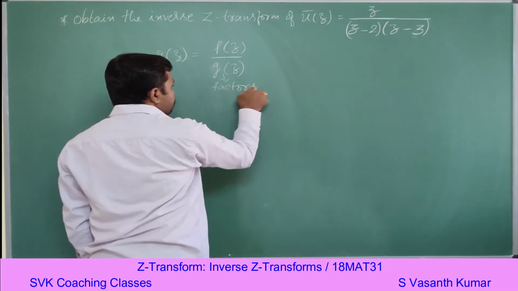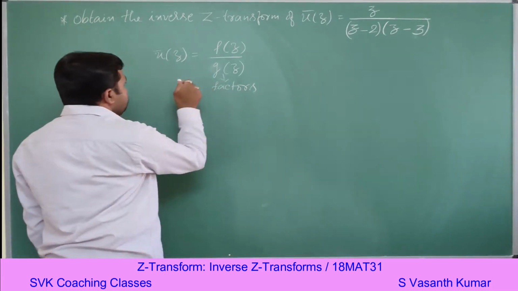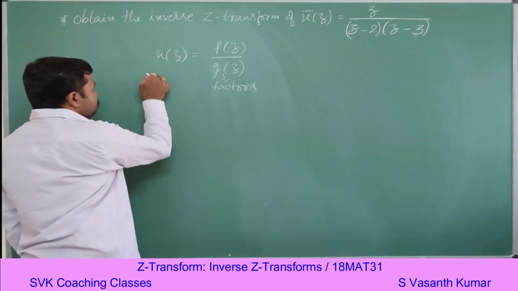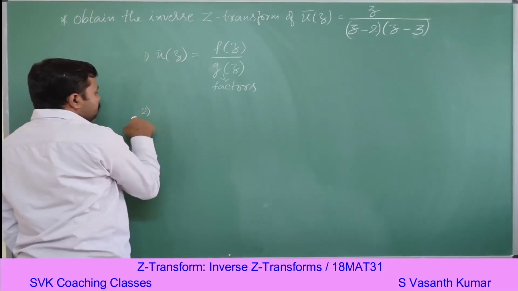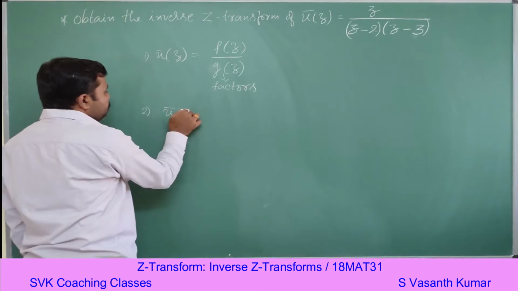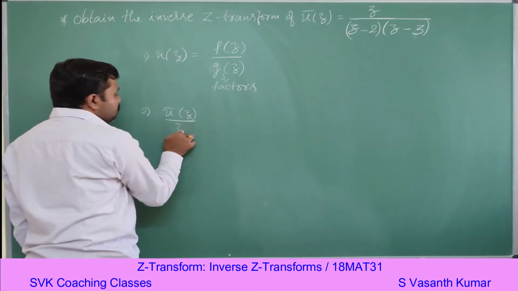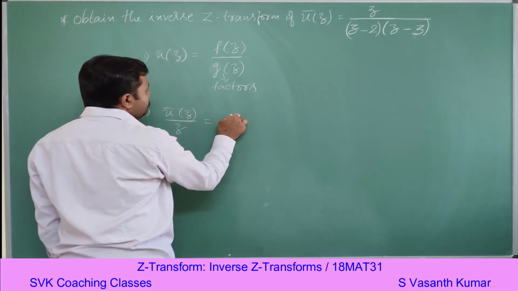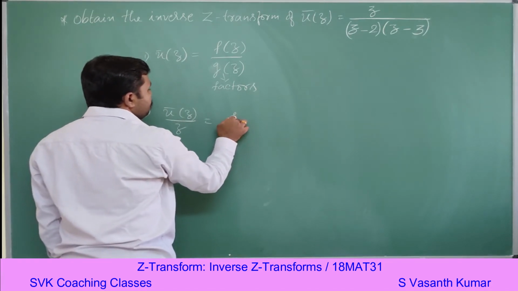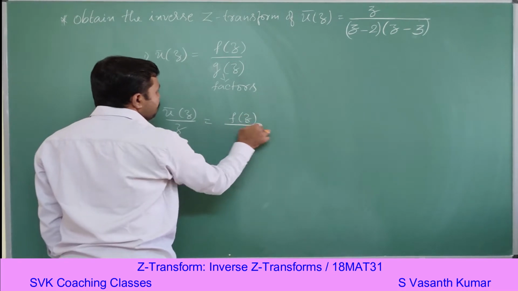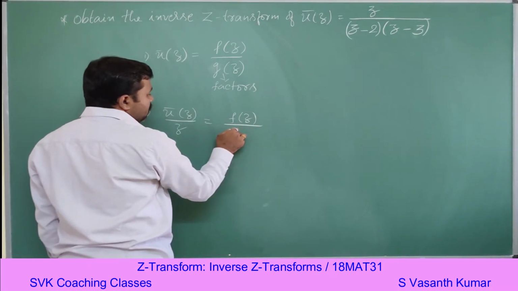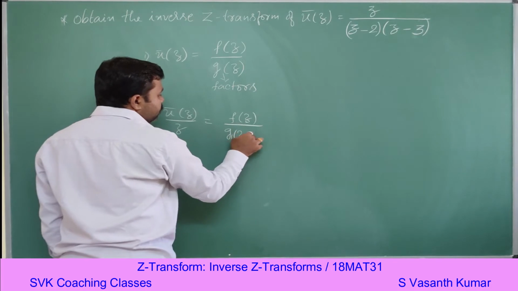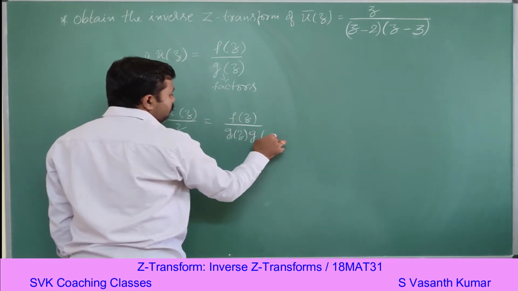Second procedure is to divide the function by Z on both sides, and you will get a new function divided by Z, whose factors will be G1 of Z into G2 of Z.